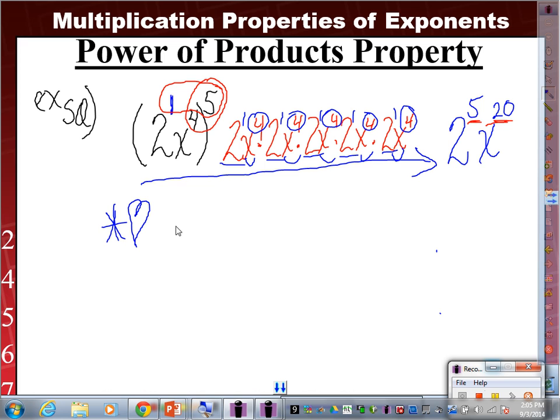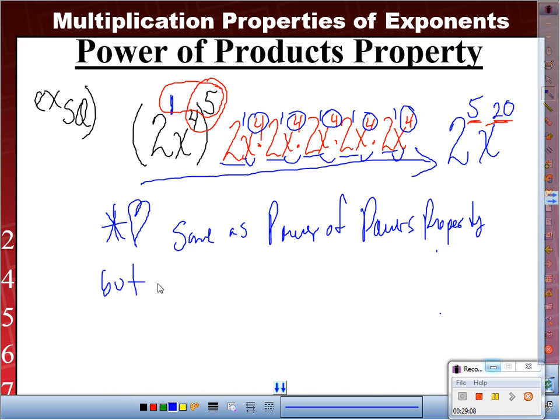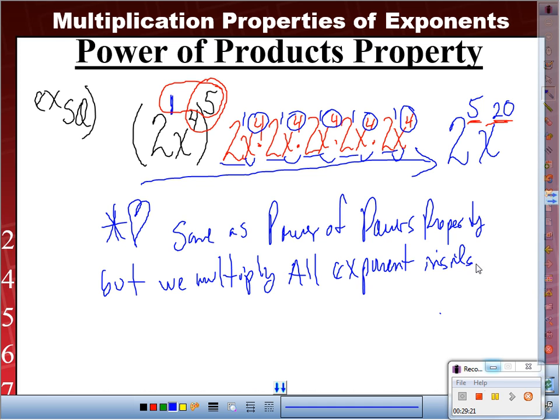Okay, so the rule would be same as power of powers property, but we multiply what? All exponents inside times what? Exponent outside.